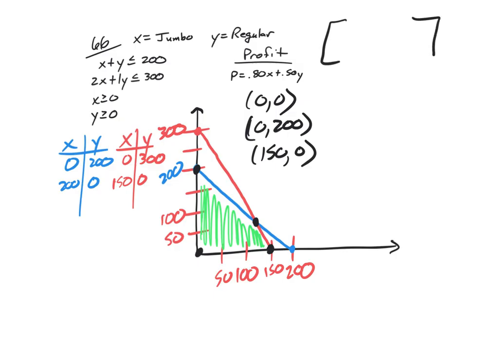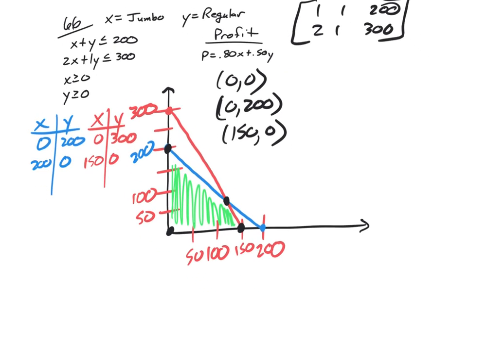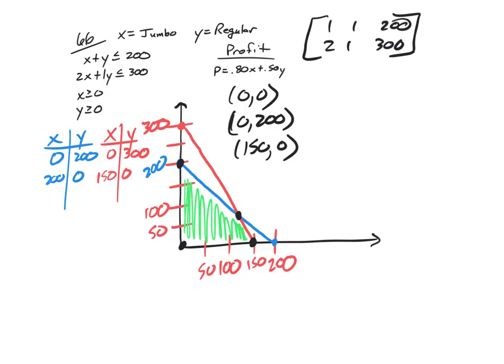So our matrix that we're going to put in would be a matrix of these two, because these are the two lines that are crossing right here. So we're going to go 1, 1, 200. And then we're going to go 2, 1, 300. That will give us our 4th point.